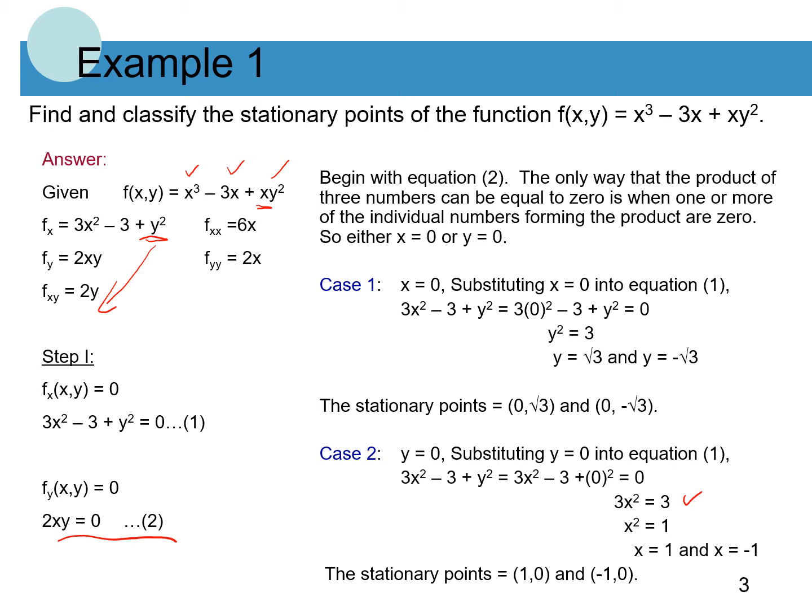Again, because of the even power, taking the square root of 1 gives x equal to 1 and also x equal to negative 1. Therefore, there are another two stationary points, at (1, 0) and (negative 1, 0).